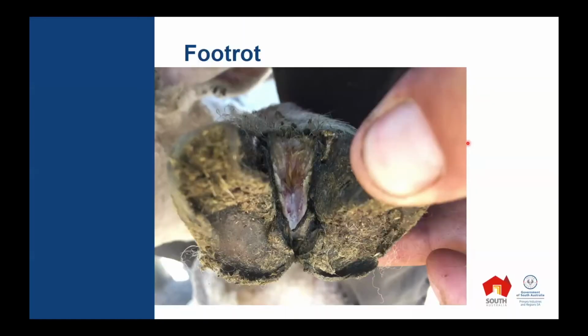So when we talk about foot rot, it can be difficult to diagnose and often takes a fair bit of knowledge and paring to diagnose it effectively.